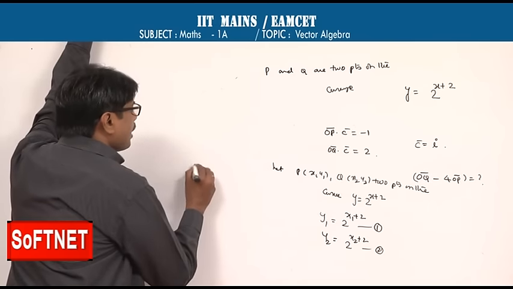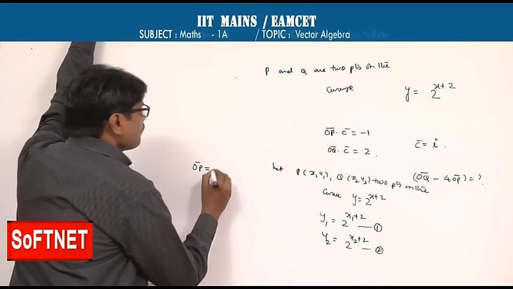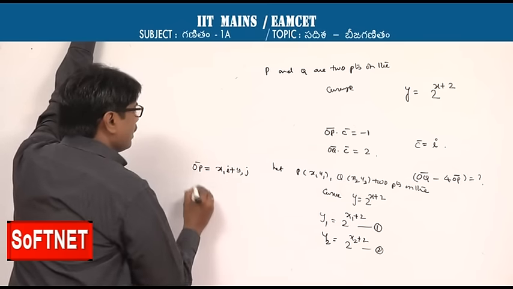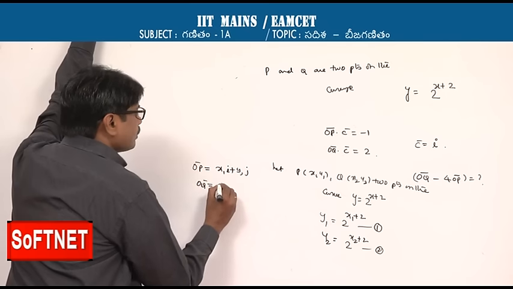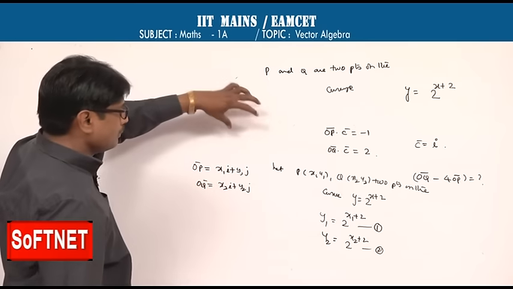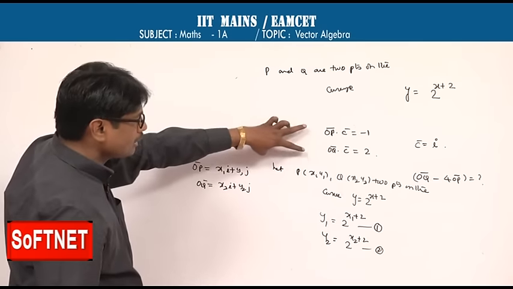Then what is OP bar? OP bar is equal to x1 times I bar plus y1 times j bar. OQ bar is equal to x2 times I bar plus y2 times j bar. ఇప్పుడు మనకి x1, y1 కి ఇక్కడ రెండు కండిషన్లు ఇచ్చాడు.